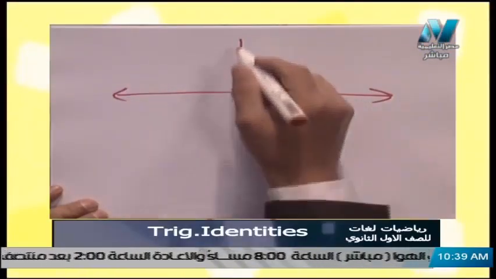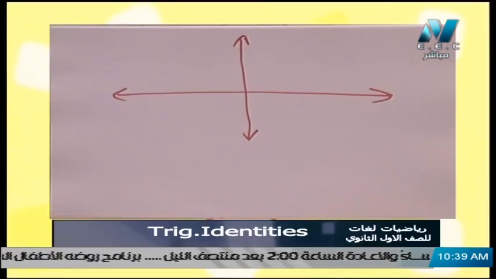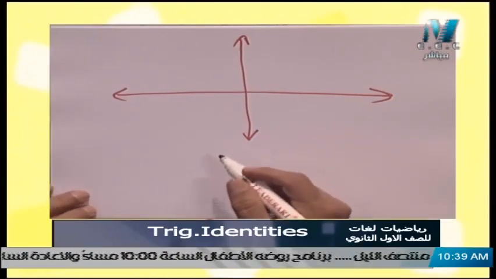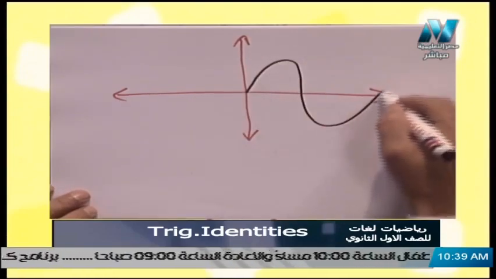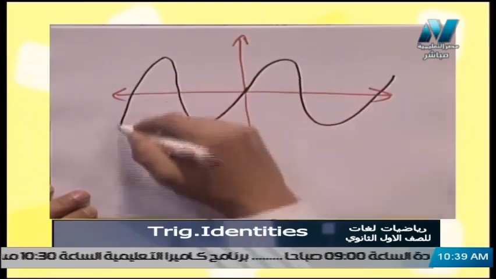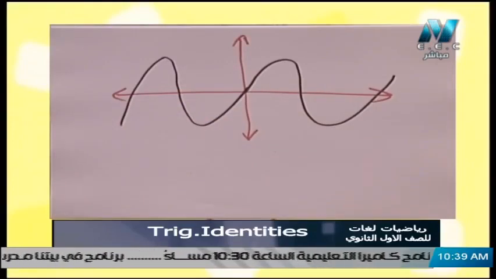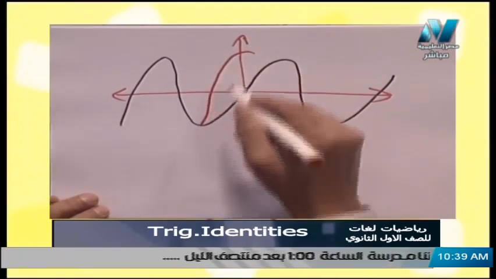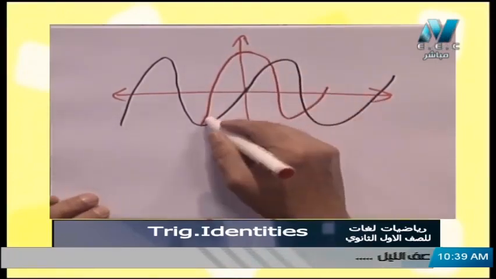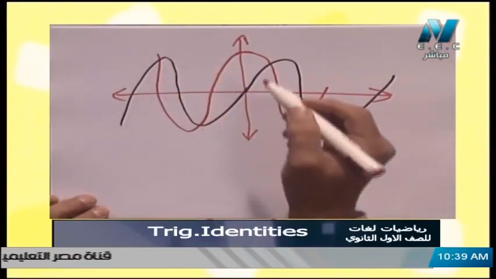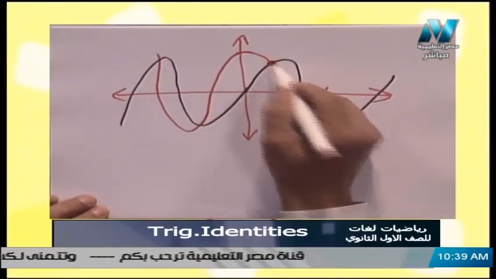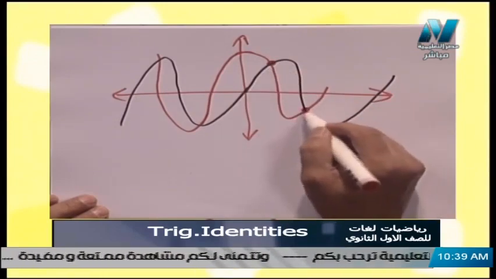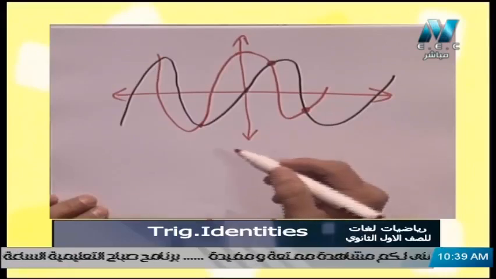If we have a graph and we draw sine like this, and if we draw cosine, we have some intersecting points, as this point and this point, and so on.